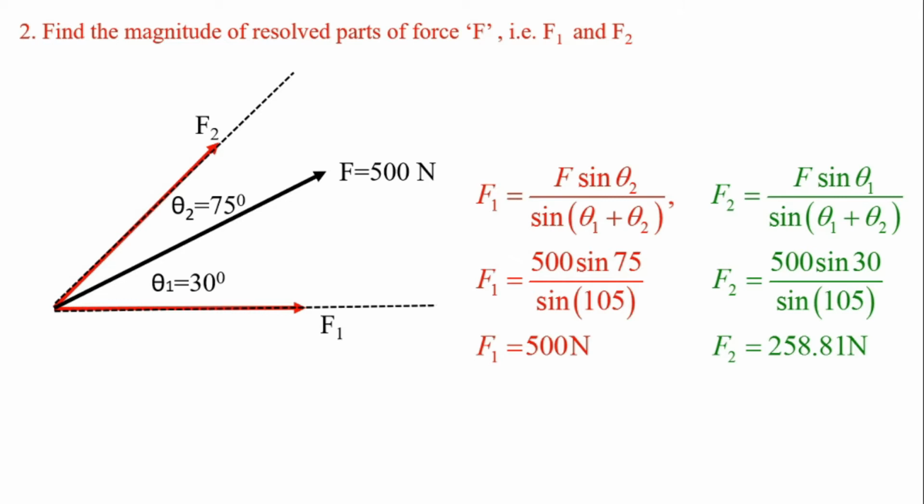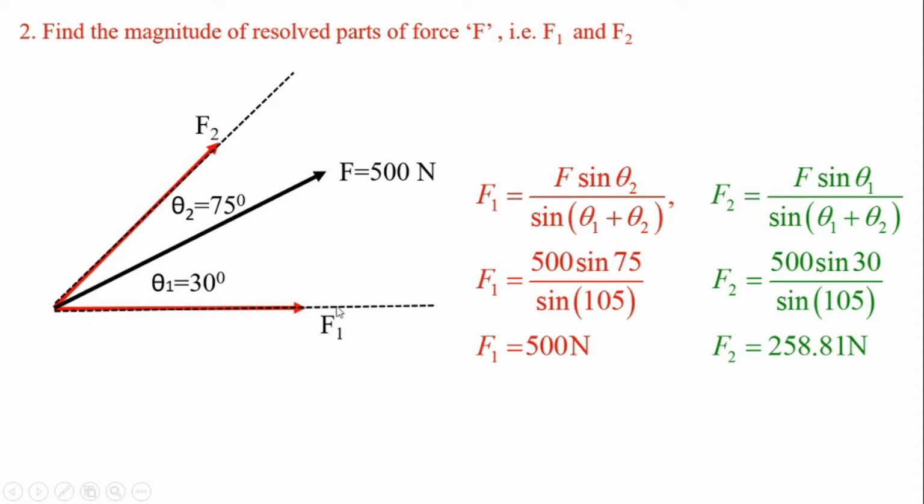Second problem is a straightforward problem. Find the magnitude of resolved parts of force F, that is F1 and F2. Now here again we have to calculate resolved parts F1 and F2. Figure is again given. So this is the figure.